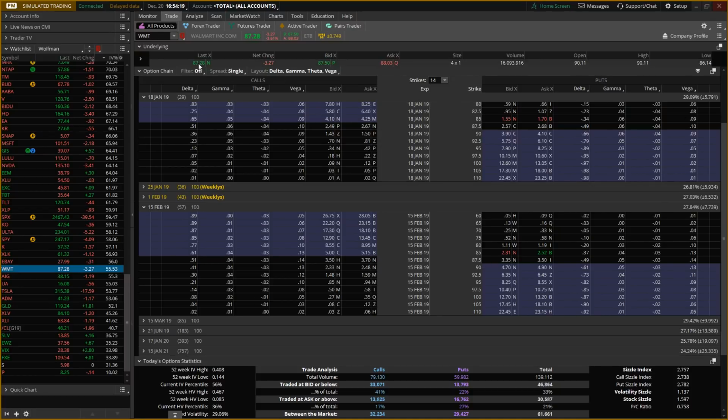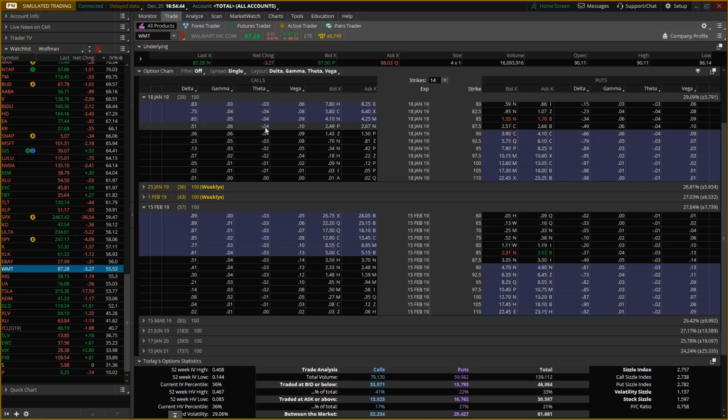Does it fit the rule of tight bid ask? It's under a $100 stock, so it should be 10 cents wide. Usually it is during the open market operations. You can see some of them are still. So I'm okay with that. I trade Walmart a lot, so I know that it fits that rule during the day session. Duration: we have heavy theta decay up here.